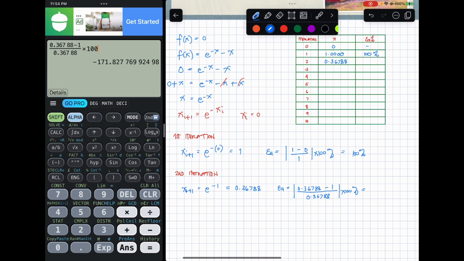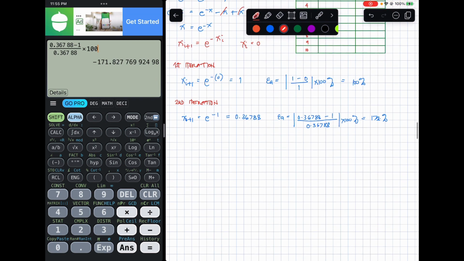So that is too much. 171 point, okay, so to 3 significant figures, 172%. So that is for the second iteration.